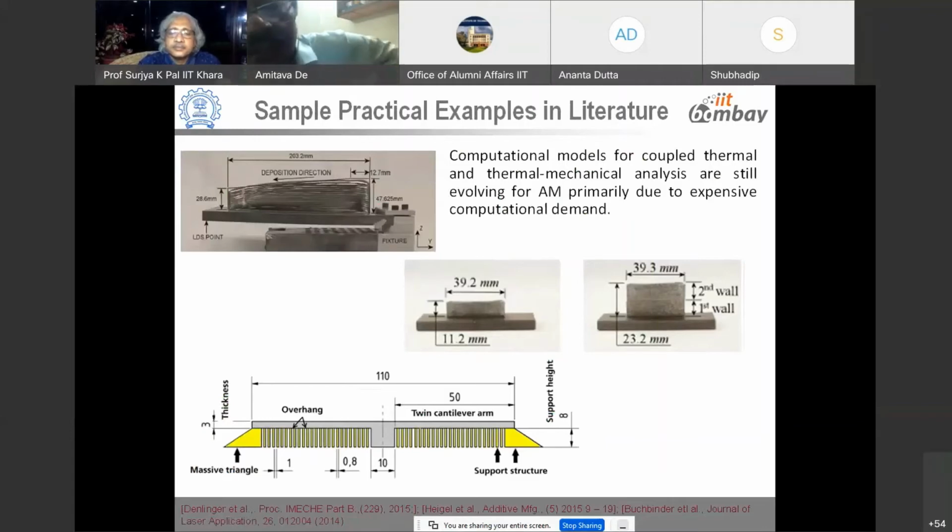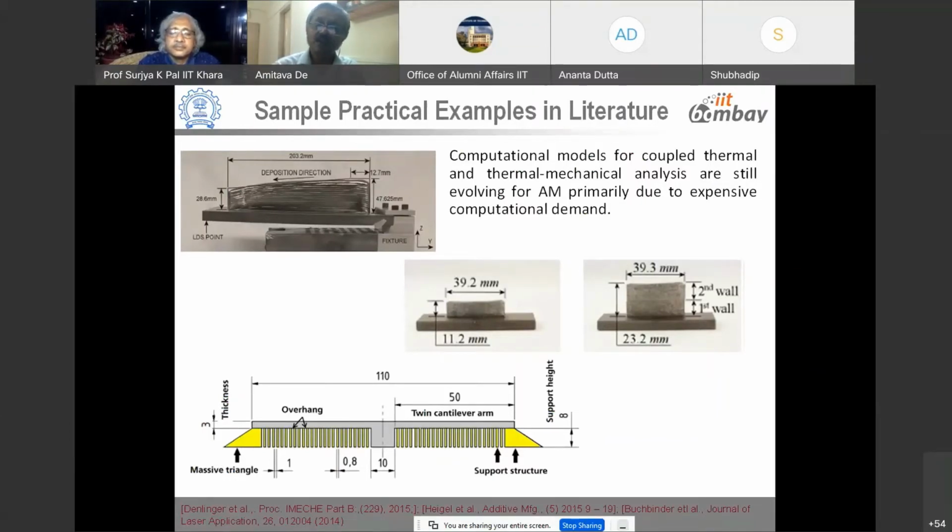However, I'm sure you are aware that when we go from a thermal to a structural model, it also has its own share of demands. We need to take care of displacements. It also has a much higher computational demand for storage and other complexities.